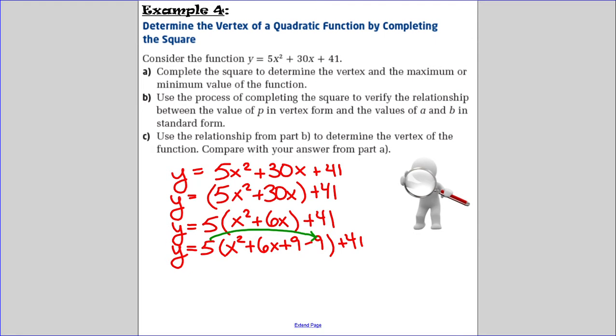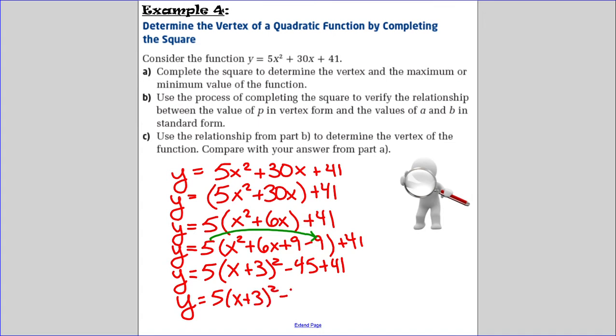I have to remember that in order to take the 9 out, I take half my b value, square it, and 5 times 9 is minus 45. And so y is equal to 5 times (x plus 3) squared minus 4.